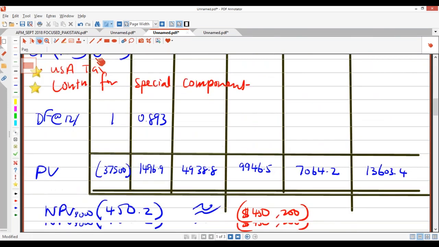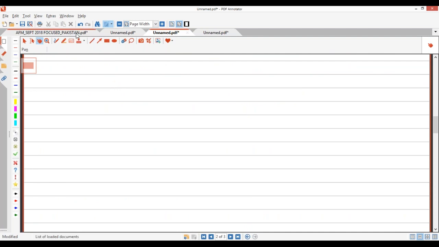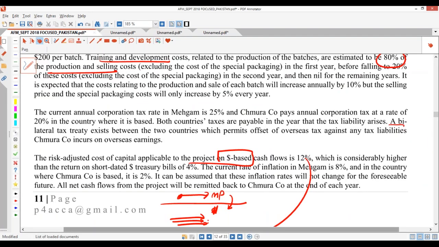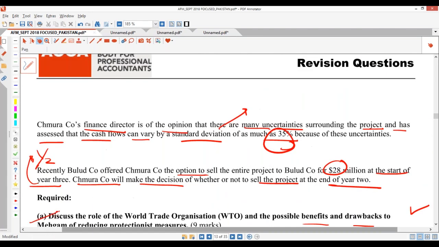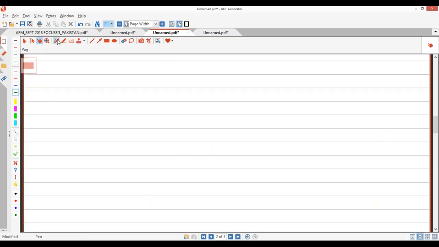The next part, we're not going to go to the report. The next part is going to be on the Black-Scholes option pricing model.